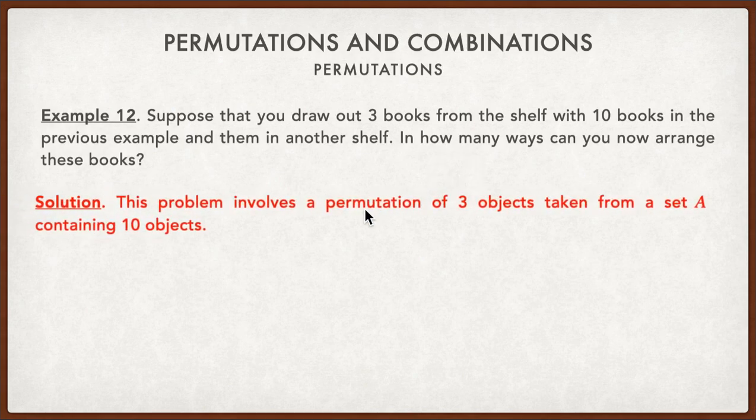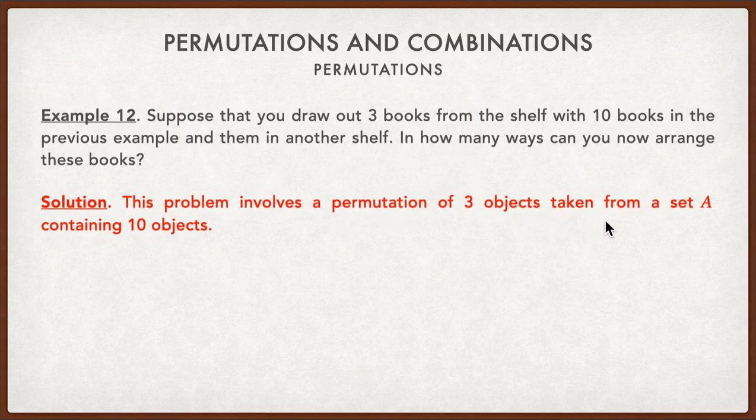This problem involves a permutation of 3 objects taken from a set A containing 10 objects. We are only taking 3 objects out of the 10 objects, which is the total of this set A. Now we have nPr again. This will be your r, because you're taking only r objects out of the n objects, which is the total. So this is your r, this is your 10. Going back to the notation nPr, this will look like 10P3. 10P3 means we only need to arrange 3 objects starting from the 10.